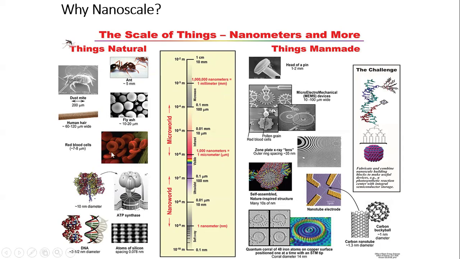Whereas red blood cells have about the micrometer size, and the various DNAs, then you can see carbon nanotubes having the nanometer size. The challenge is to fabricate and combine the nanoscale building blocks to make useful devices. Example, a photosynthetic reaction center with integral semiconductor storage.